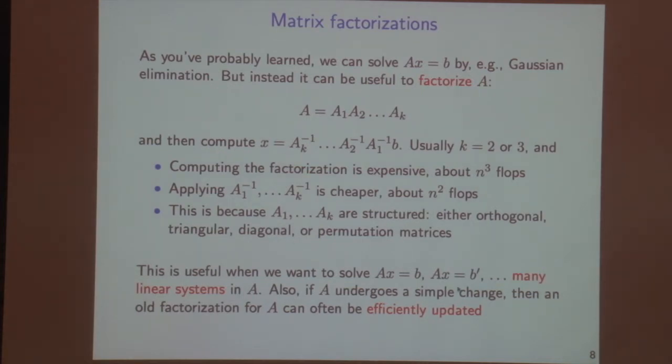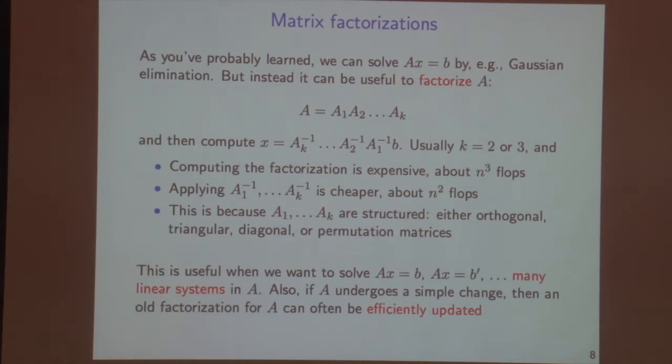Another reason that we like to use factorization methods is because often if A undergoes a simple change, like if I told you to solve the problem Ax equals b, and I asked you to solve A prime x equals b prime, where A prime was just a little bit different than A, then if you applied, say, Gaussian elimination or some generic technique, it would be about the same cost. But with a factorization method, we can often get the factorization for A prime from that we got for A with a very simple update.